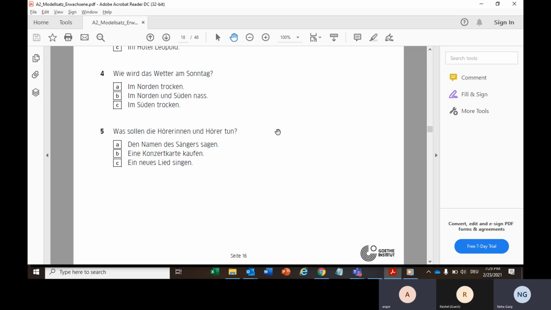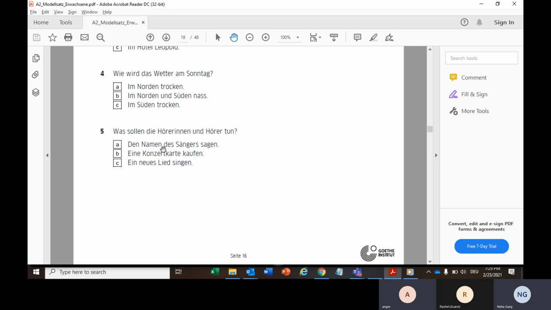I'm not asking you to guess. You guys have written and still changing your answers. This is something you cannot do in the exam, guys. You just have to put down the answers in the answer sheet. Teacher will not ask you, okay, what do you have written? You have to write the answers in the answer sheet and submit it.